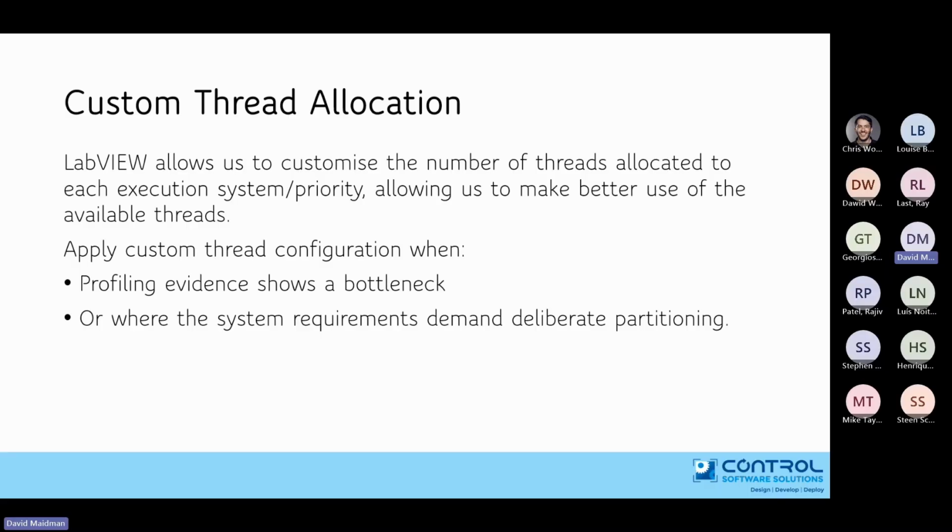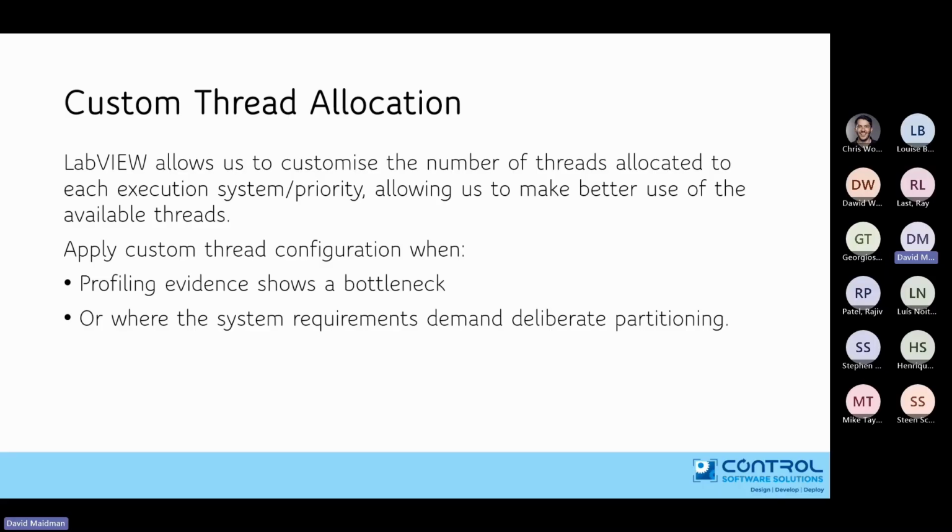So LabVIEW actually lets us change the thread allocation. We have that theoretical maximum number of threads that we can use, 20 times the number of processors per execution system, but by default everything's running in the standard execution system.